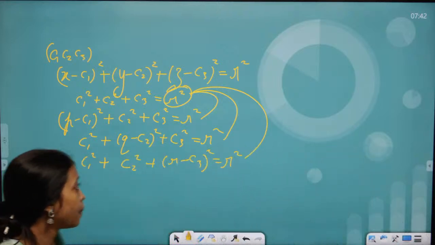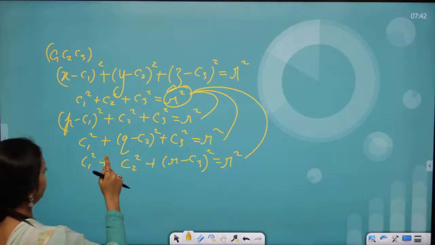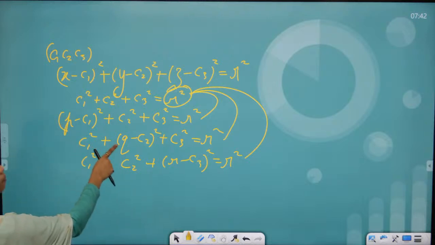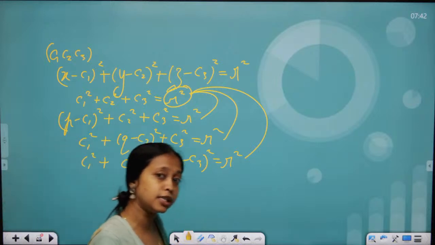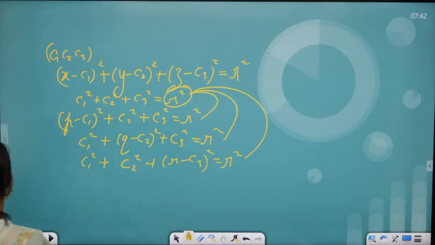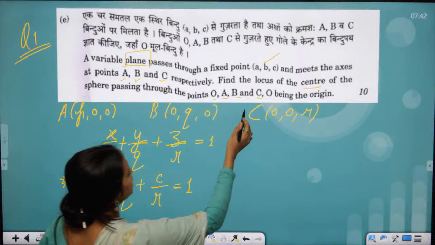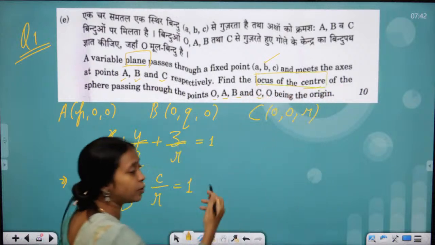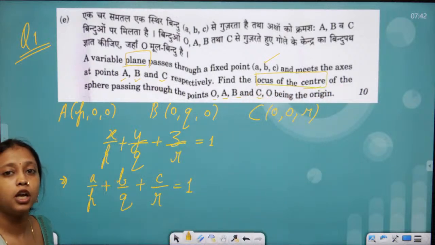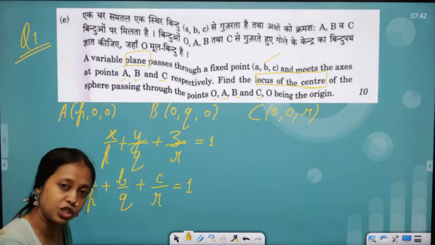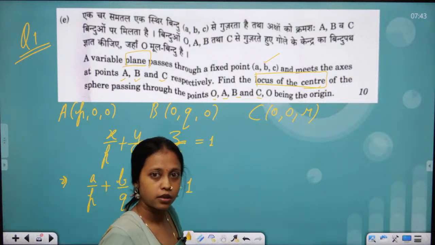Why? Because see, you will get the value of PQR in terms of C1, C2, C3, and the question has asked locus of the center, and that's what I need. Locus of center means what? You need to find an equation containing the center. That's what it means.